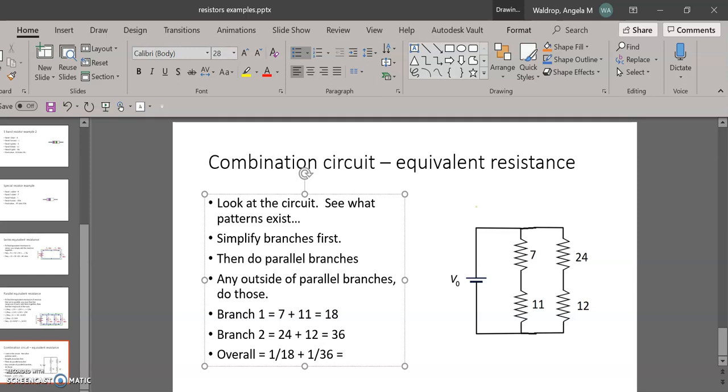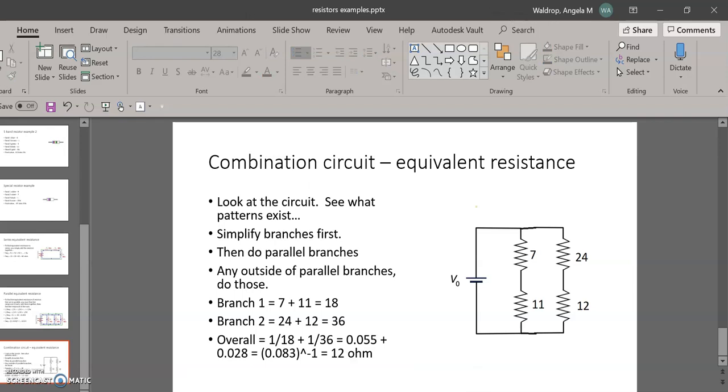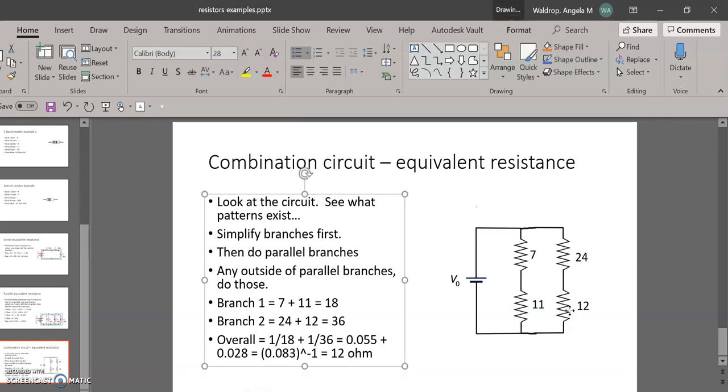Okay, 1 over 18 is 0.055. And then I've got my 1 over 36, 0.028. And I add those up together, I get 0.083, but then I have to remember I have to take the reciprocal of that sum because these are in parallel, okay? And then I take the reciprocal of that sum and I get 12 ohms, and then I'm finished, okay? So hopefully that was a good few examples for you guys to look at.